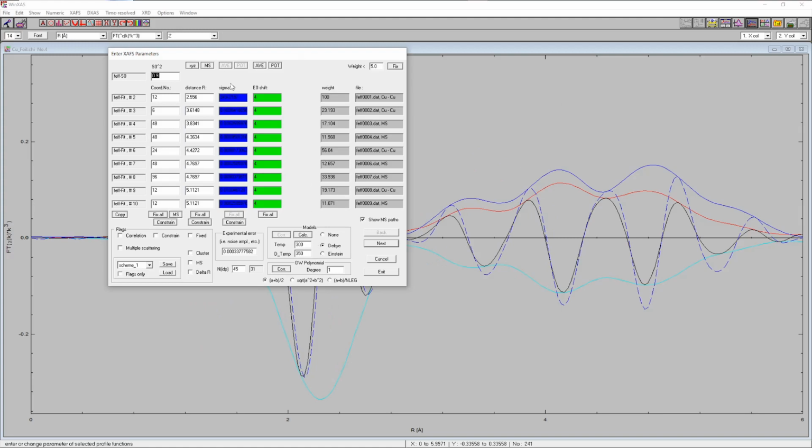we are calculating the single scattering shell Debye-Waller factors using the correlated Debye model, while the Debye-Waller factors of the multiple scattering path are calculated from an average. So there are different options now how to calculate the average, how to calculate the Debye-Waller factors of the multiple scattering path based on the constituent single scattering path.